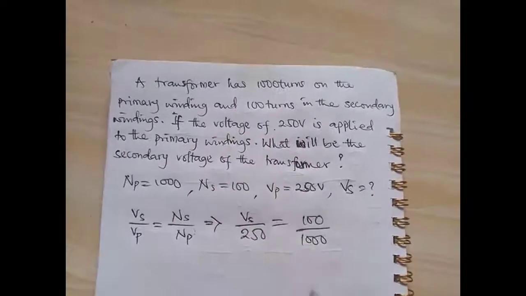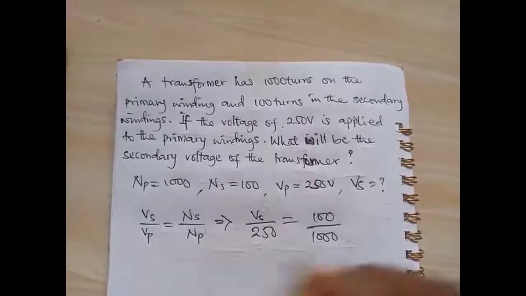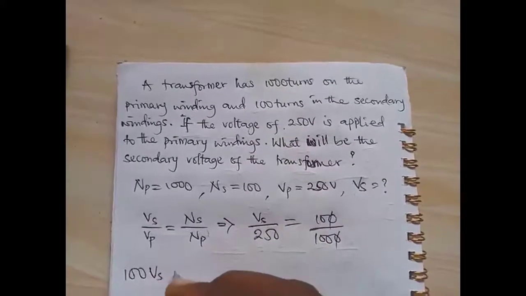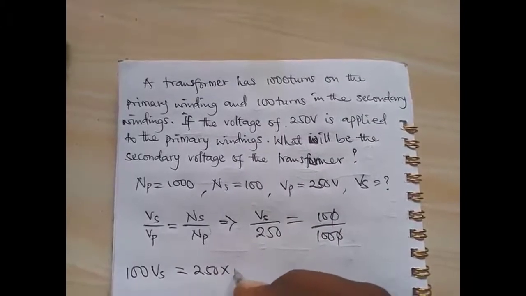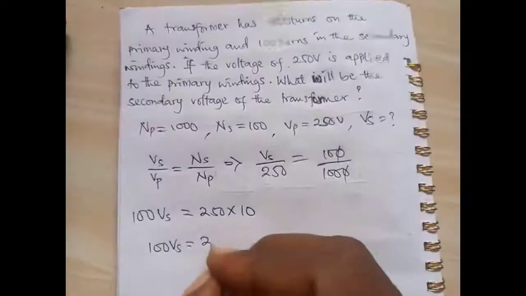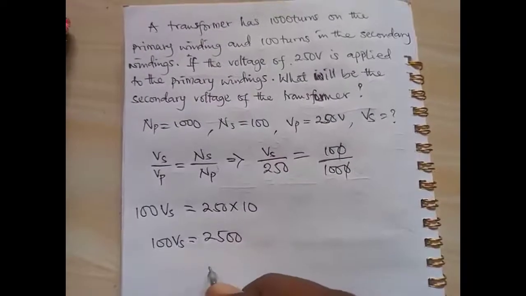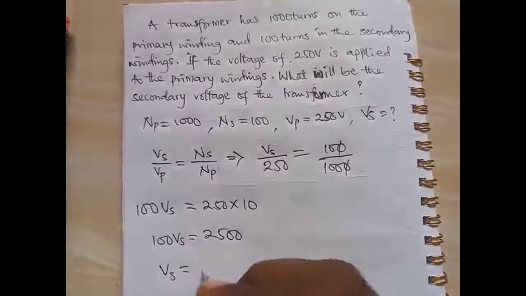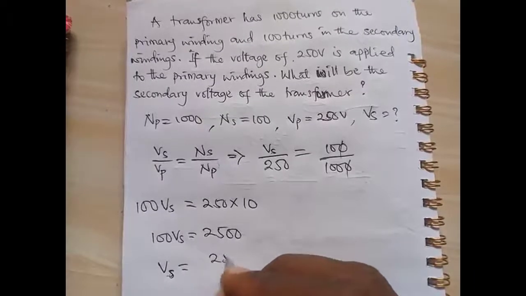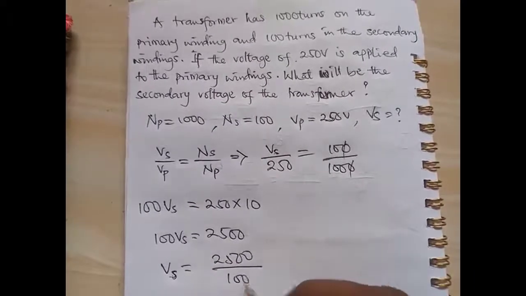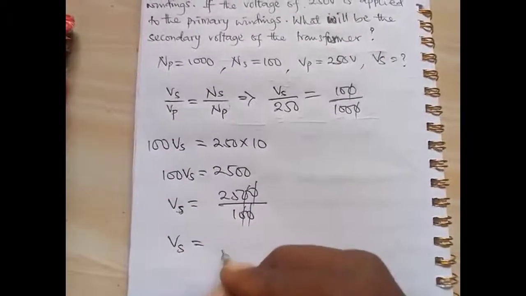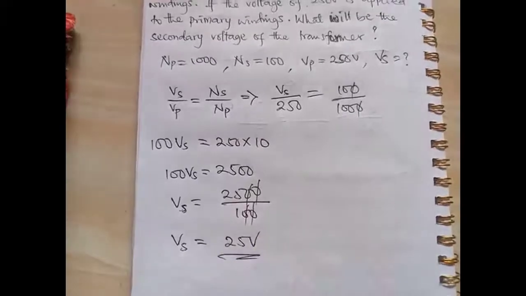If we cross multiply, first of all let's reduce it. We have 100 Vs is equal to 250 times 10, so that 100 Vs is equal to 2500. So Vs, the secondary voltage, is equal to 2500 over 100. This cancels this, so the secondary voltage is 25 volts.